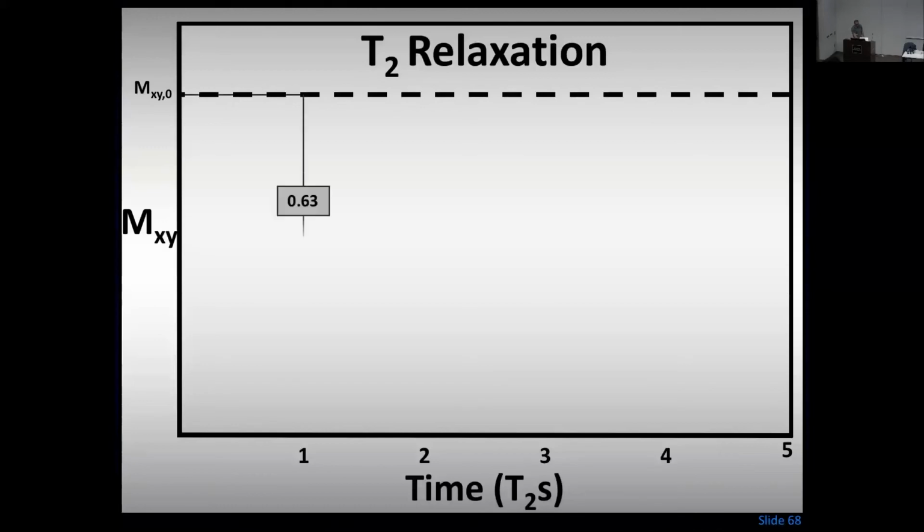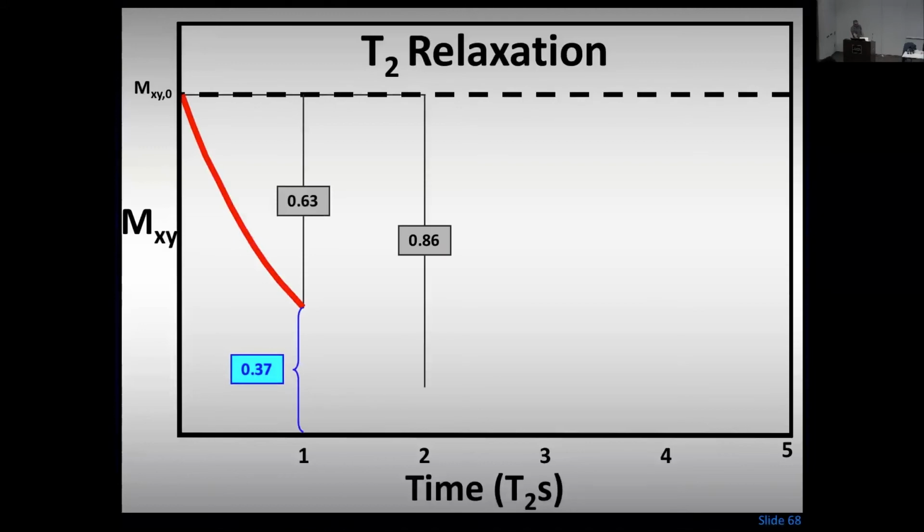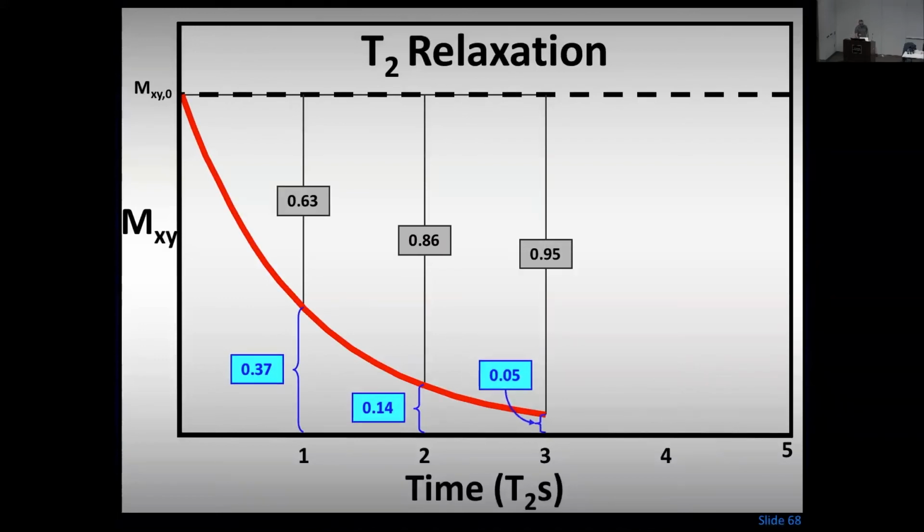After one T2 relaxation time, we're going to lose 63% of our signal, and we have 37% of the signal to go. After another T2 time point, we're going to lose 63% of what's left over, and we get to 86% signal loss, and we're down to 14%. Then we're down to 5% signal, then 2% signal, and after an infinite amount of time, we're down to 0% signal.